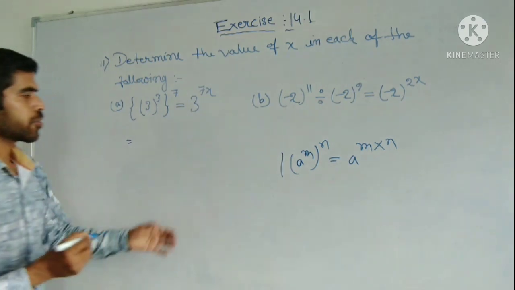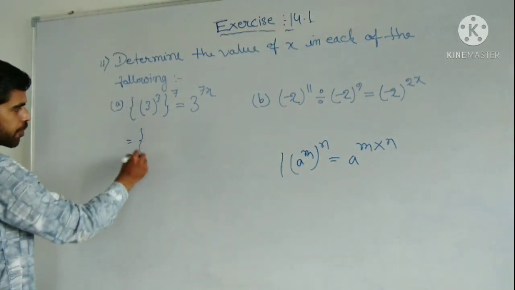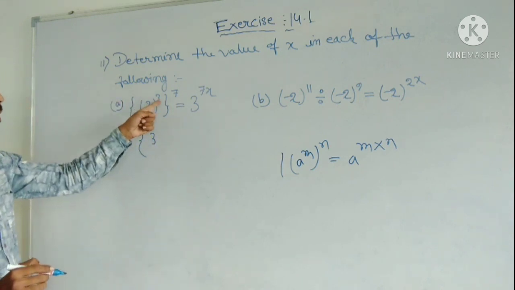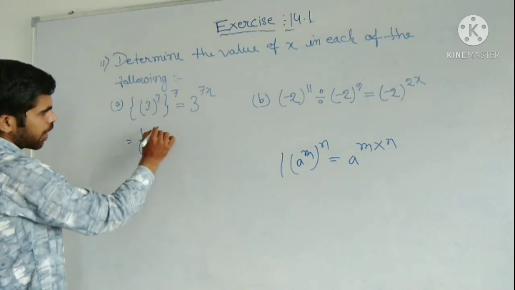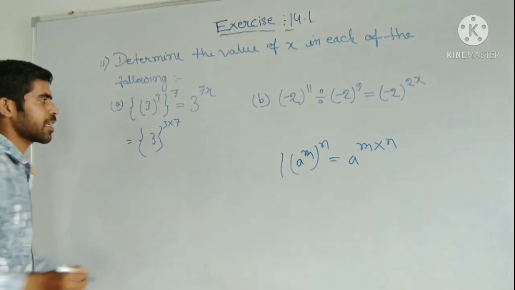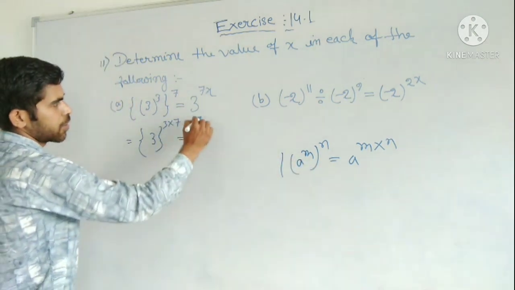So we will use this laws of exponents. So here you see there are 3 and power, and again their power, then you multiply this power. So 3 into 7 according to this law. Now here we have 7x.